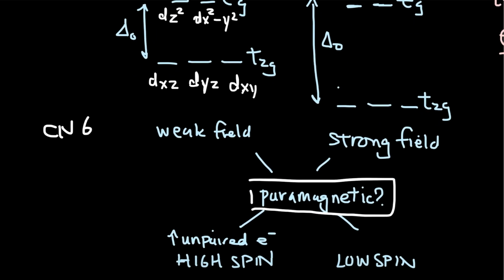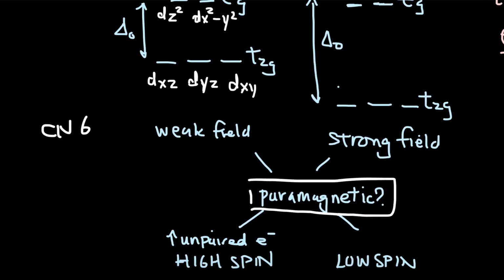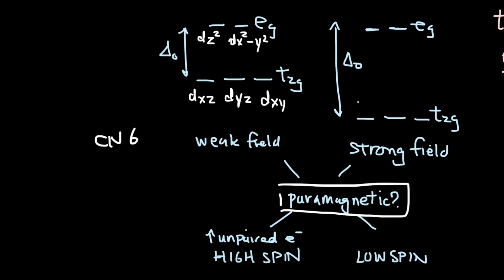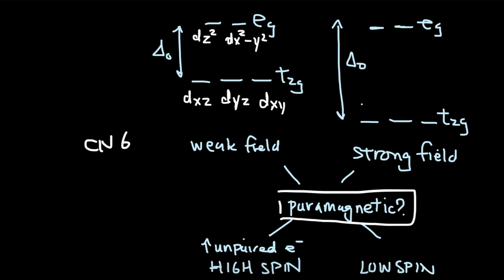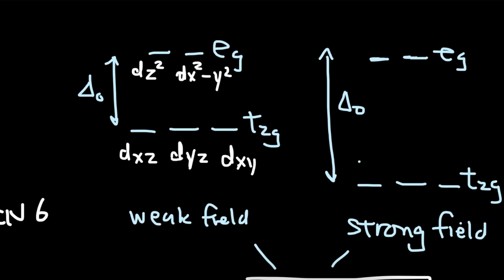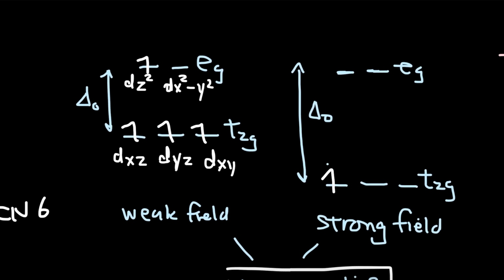They can also say high spin or low spin, and that is the case when, after you fill in all the electrons for the metal electron configuration, you notice that one of these arrangements has more unpaired electrons. For example, number 1 here is weak field, which means it can fill up the top before even finishing the bottom, whereas for strong field, it must finish the bottom before filling the top.